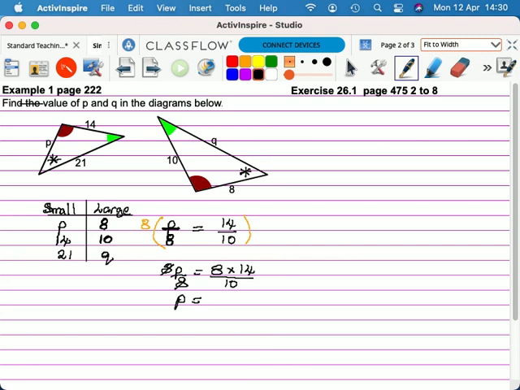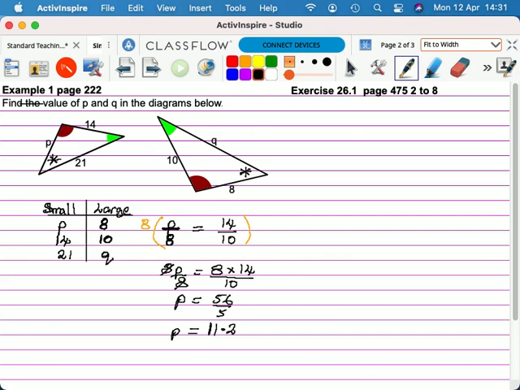So 8 times 14 divided by 10, and the answer is 56 over 5, which is a fairly acceptable answer, but you'll probably check to see whether a decimal version is neat. So 11.2, I think that's neat enough. There's no recurring decimals, so we'll leave it at that.